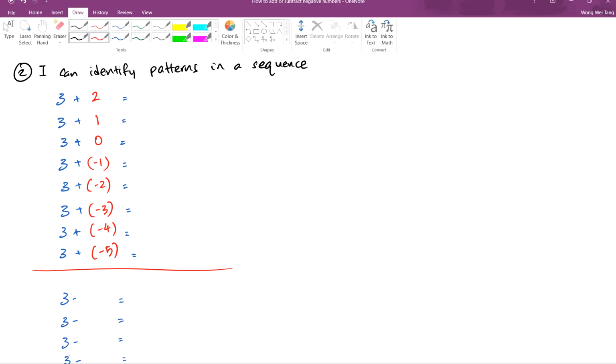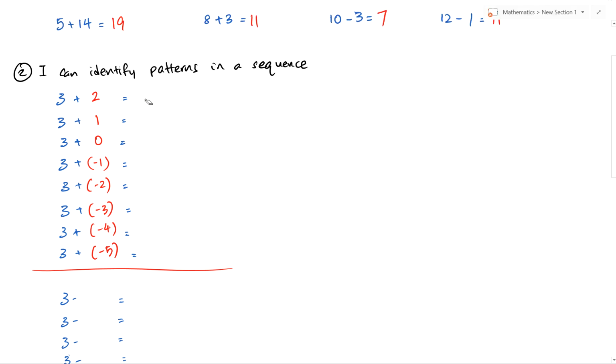Now on the right hand side of the equation, 3 plus 2, we all can do that, it is 5. The next question, 3 plus 1, 4. 3 plus 0, no problem, is a 3. Now it comes to the addition of a negative number, and that is what we want to learn.